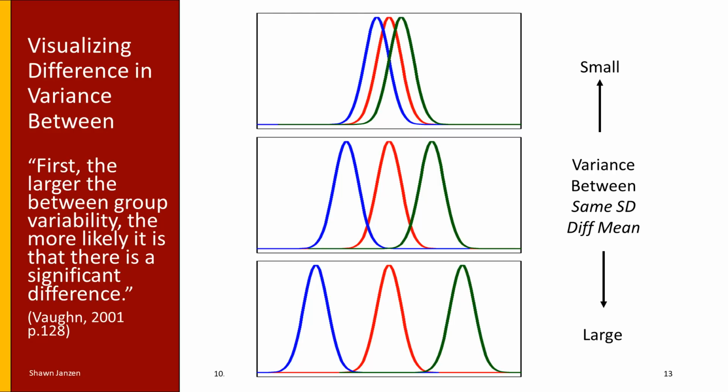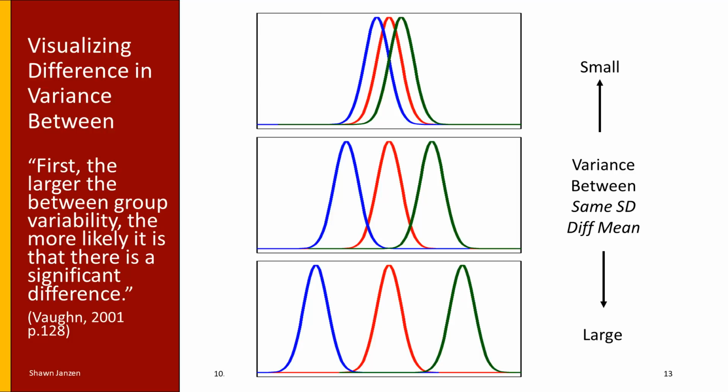When we're visualizing this graphically, the differences that we start to pick up are that when you have small variation between your groups, you're going to have a substantial amount of overlap between your different distributions. They're going to be harder to pick apart, harder to say that one is different from the other. And as the variation between groups rises, this could be between all of the groups, or it could even be just one of the groups.